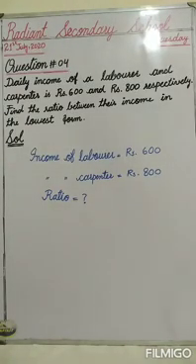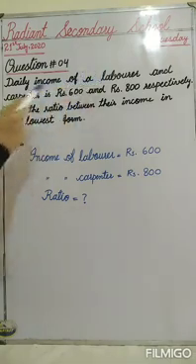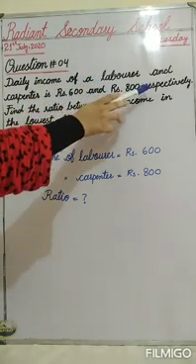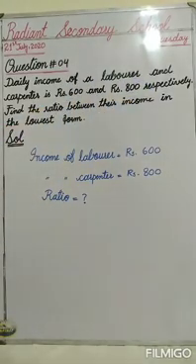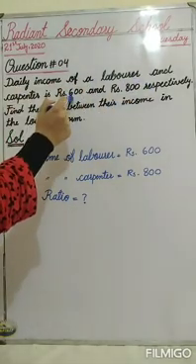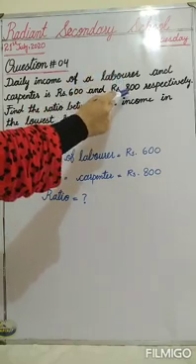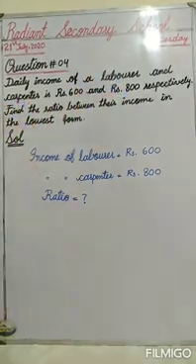Okay class, now the next question is question number 4 and the statement of this question is daily income of a laborer and a carpenter is rupees 600 and rupees 800 respectively. Class, respectively means first value is of first quantity, first one like the laborer, and the second value is of second, carpenter.